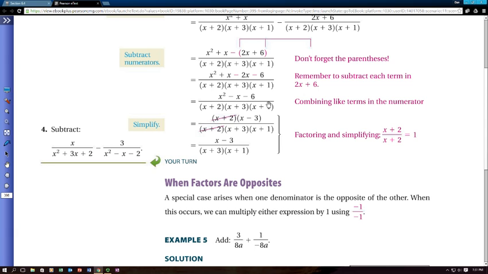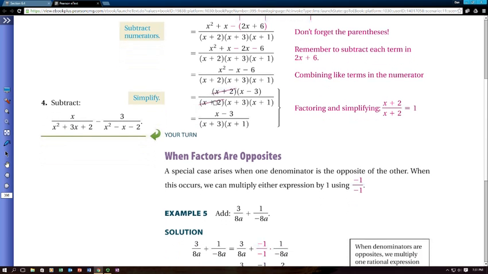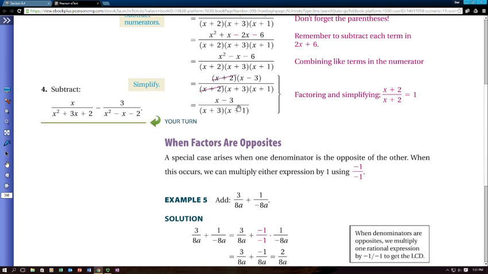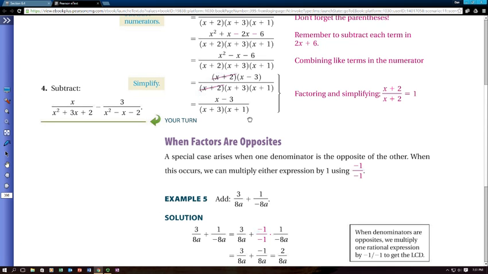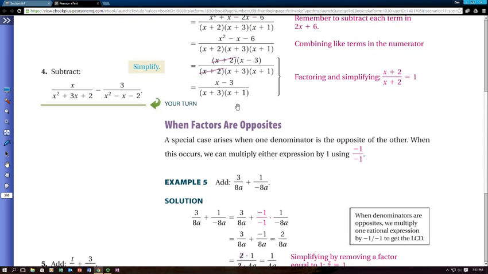Well, I can factor that again, and I factor that to be x plus 2 times quantity x minus 3. Hey, there's a common factor from this prime factorization of the LCD. There's a common factor that equals 1, so I end up with x minus 3 over x plus 3 plus over x plus 1.